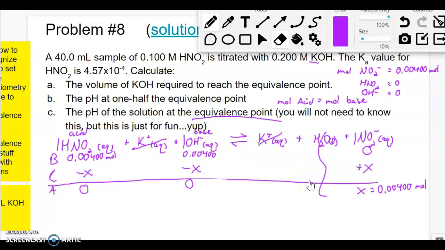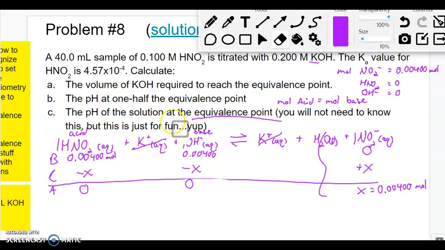I'm going to rewrite this equation though, because now that we're done with our stoichiometry, now we're going to do our equilibrium. But the thing is that we don't have any of this stuff. We are starting with this NO2 minus. I'm going to flip this equation around because it might make a little more sense when we use it.